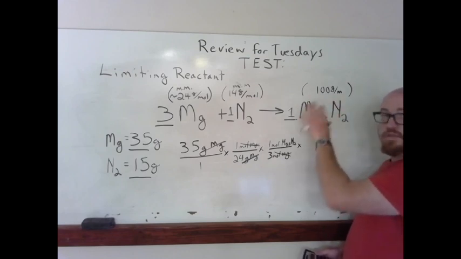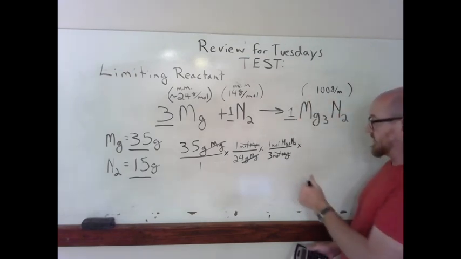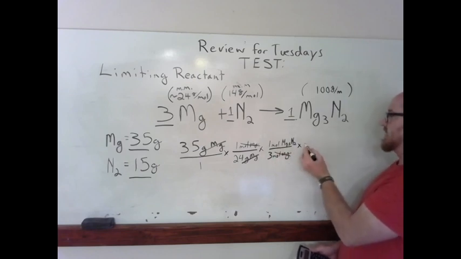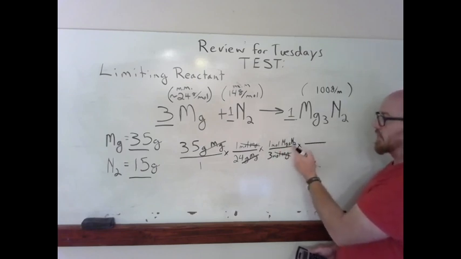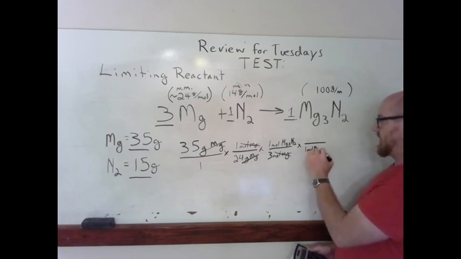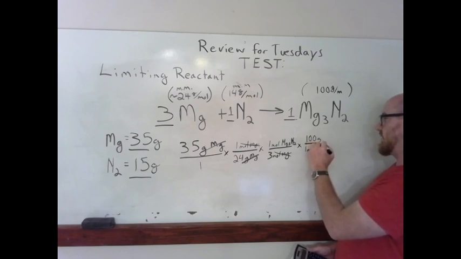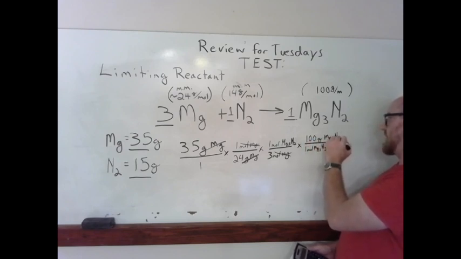So now that we know that, what we're going to do is multiply by the molar mass. So we have moles of magnesium nitride. We know that 1 mole of magnesium nitride equals 100 grams of magnesium nitride.